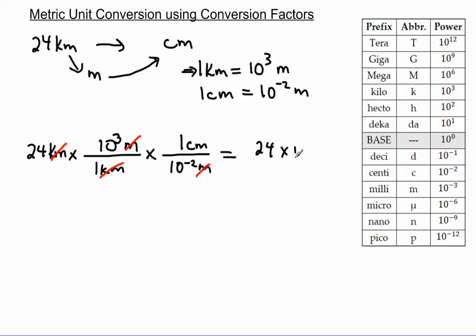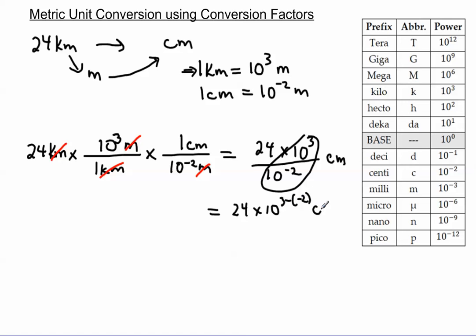We're left with 24 times 10 to the 3 divided by 10 to the negative 2 centimeters. Remember, when we divide powers with the same base, we can subtract our exponents. So this becomes 24 times 10 to the 3 minus negative 2 centimeters.